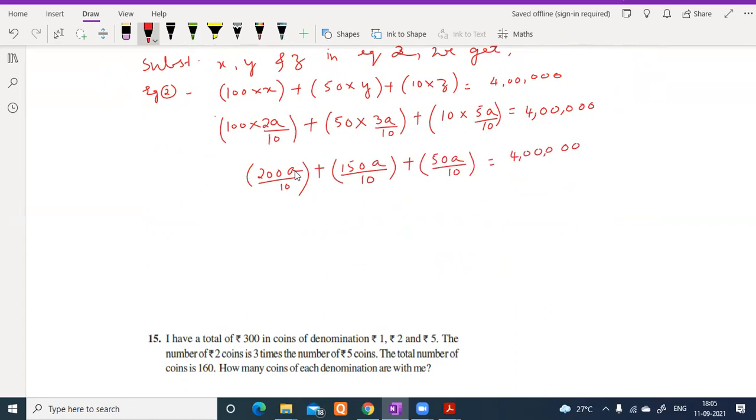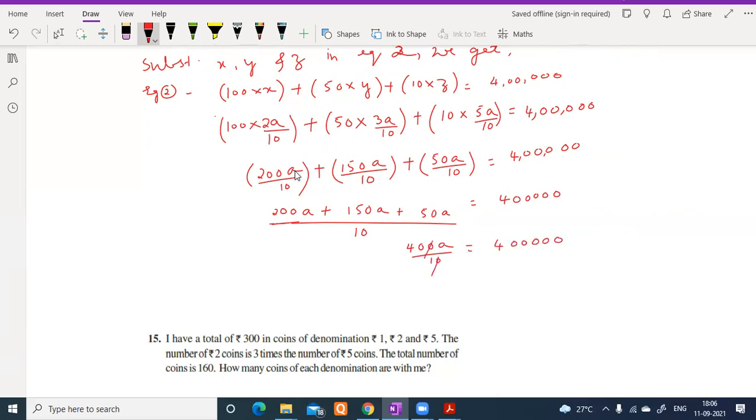I had told earlier that please do not simplify. Why? Because the LCM will become easy. LCM is only one number, we are not having different numbers, so it will be 10 in this case. So first we have 200A plus 150A plus 50A is equal to 4 lakh. 200 plus 150 is 350, 350 plus 50 is 400. 400A by 10 equals 4 lakh.